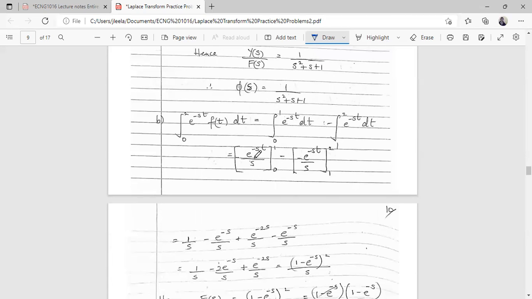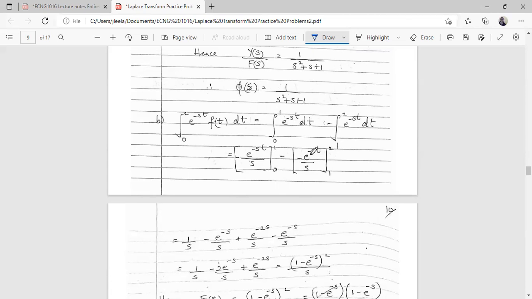So from the first part here, if you put in the lower limit, you get minus e to the 0 over s, which is 1 over s. If you put in the upper limit here, you get minus e to the minus s over s, right? And you could pull out this negative here, so you'll end up with plus. So you get e to the minus 2s over s, which is this term here.